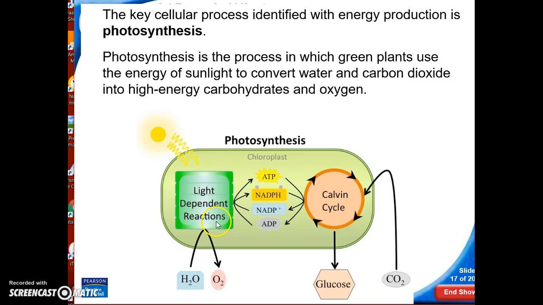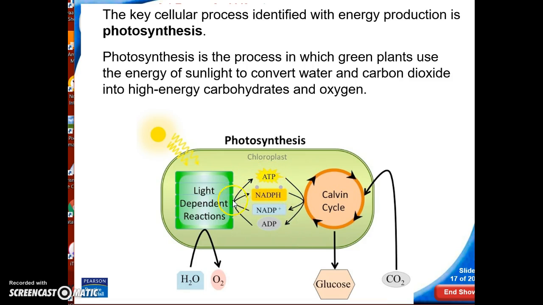There's the light-dependent reaction, and of course that's the one that is dealing with the sunlight. And then we have what used to be called the light-independent reaction, but now we simply call it the Calvin cycle. So the Calvin cycle is the second part of photosynthesis that actually makes the sugar, and that's where we use the carbon dioxide to make the sugar.